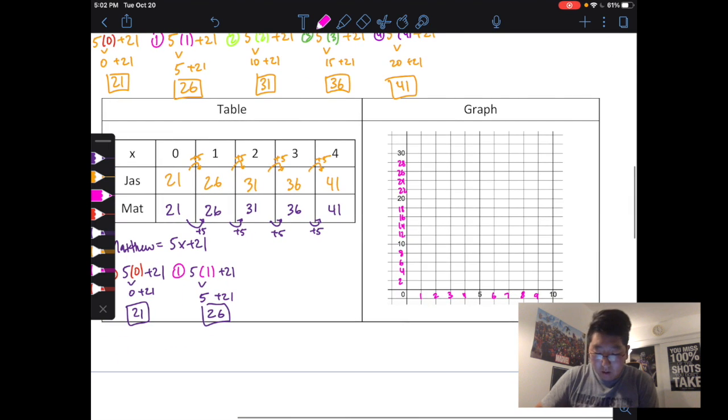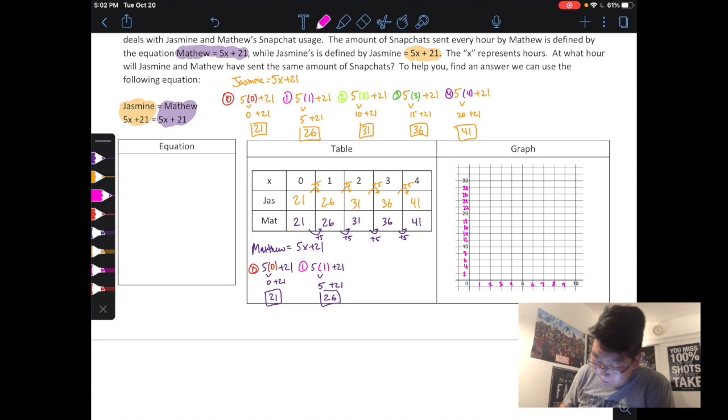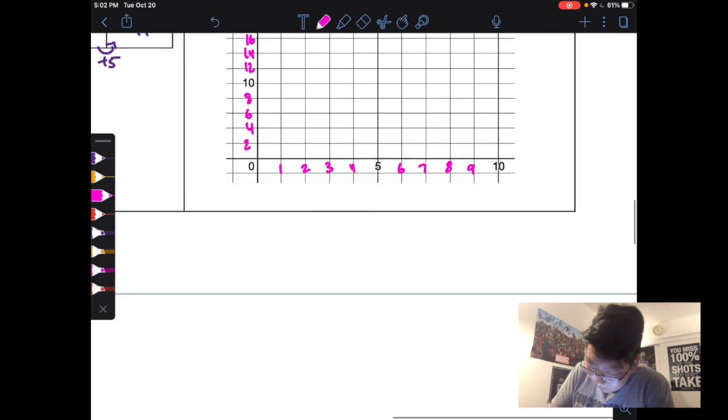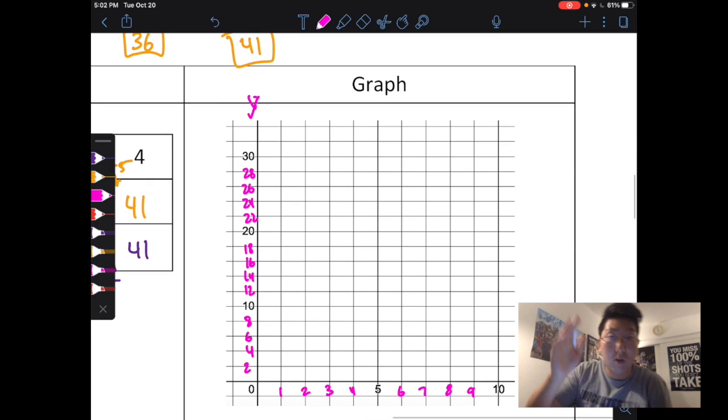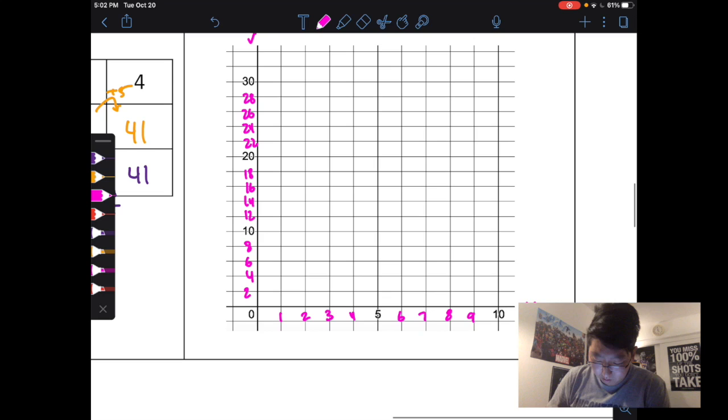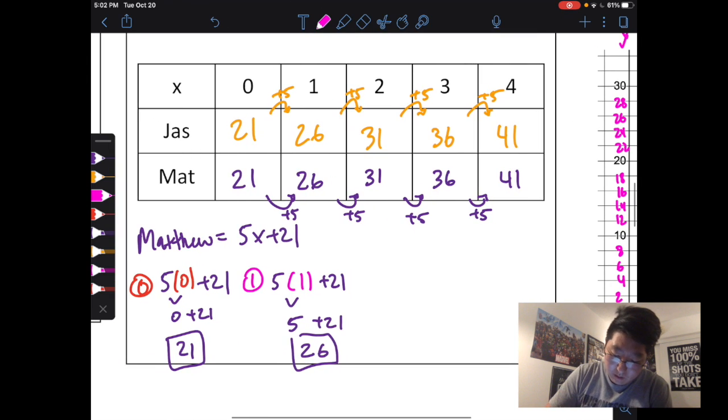Okay. Remember, this is the x-axis on the bottom, and this is the y-axis, right? All right. Graphed. Now I need to plot my points.